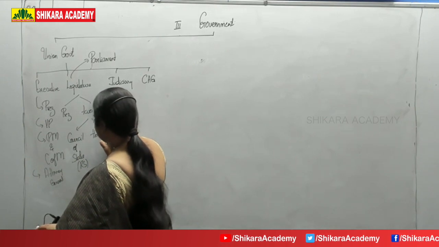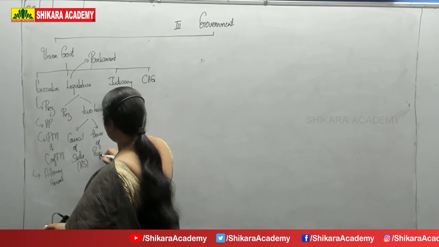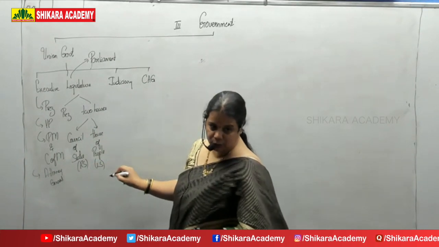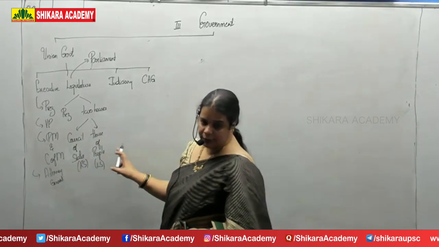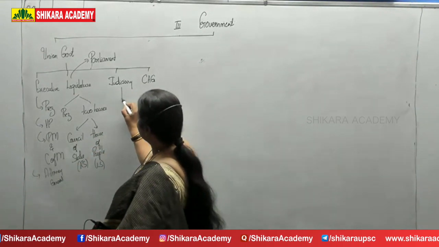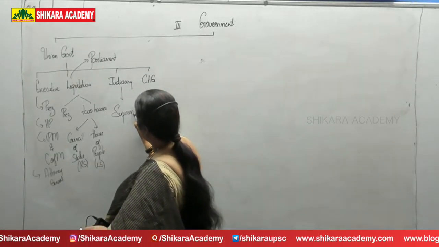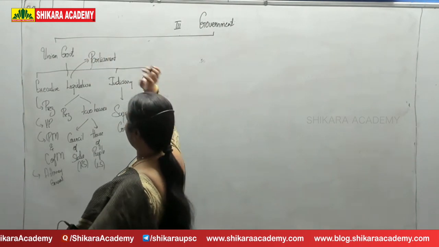You should specifically know what is given in the Constitution. The Constitution does not mention the words Rajya Sabha and Lok Sabha. It only talks about Council of States and House of the People. Then in the judiciary at the center, we have only one court, that is the Supreme Court.